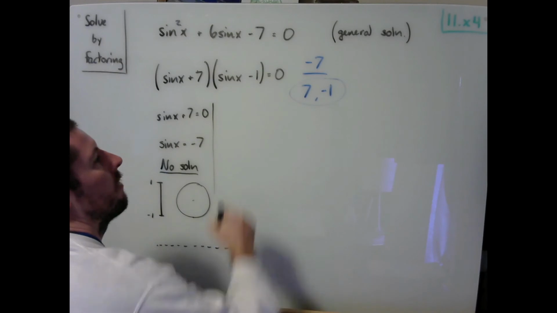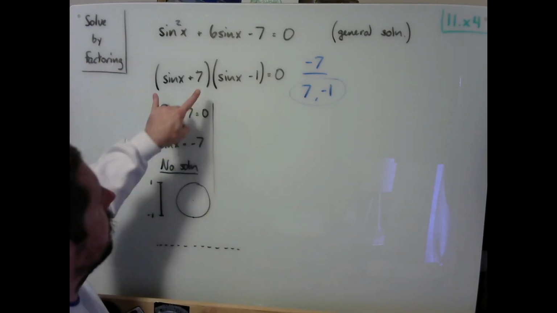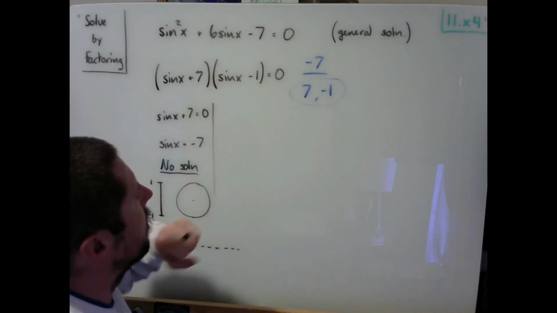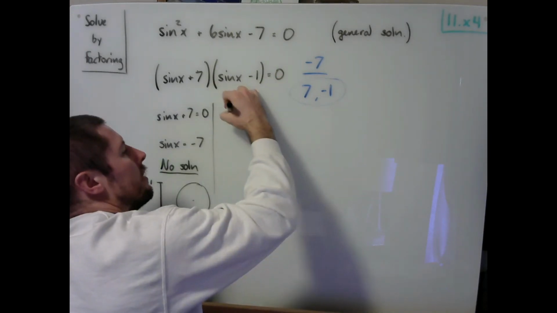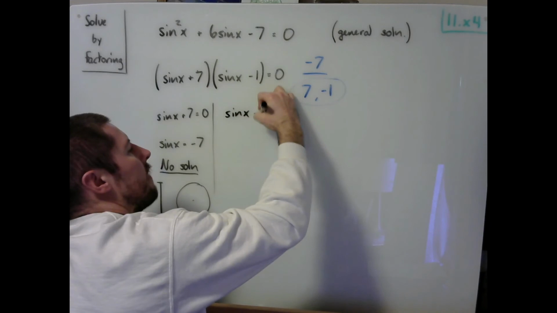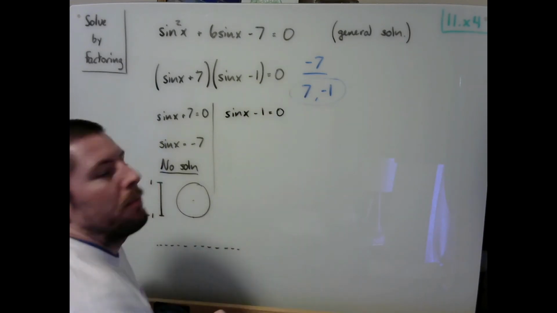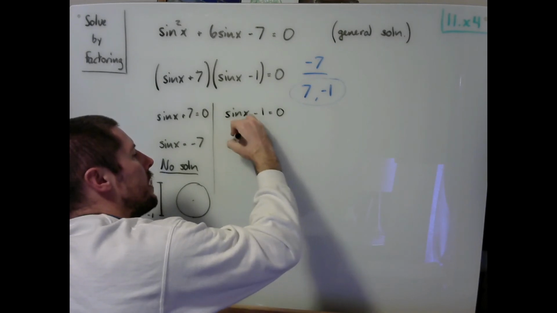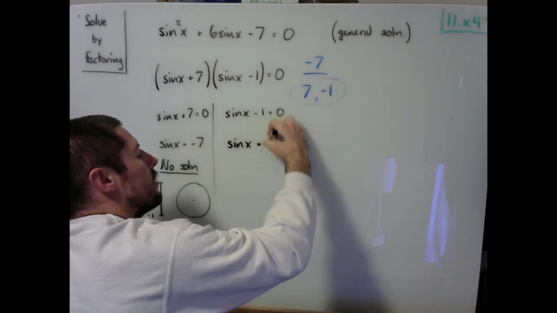On the other hand, over here, we could look at our second equation. Either this is equal to 0 or this is equal to 0 to make their product equal 0. So we could now say, alternatively, it should be the case that sine of x minus 1 is 0. To help me solve this equation, I want to get the x terms as alone as I can. So I'm going to write this as sine of x equals 1.